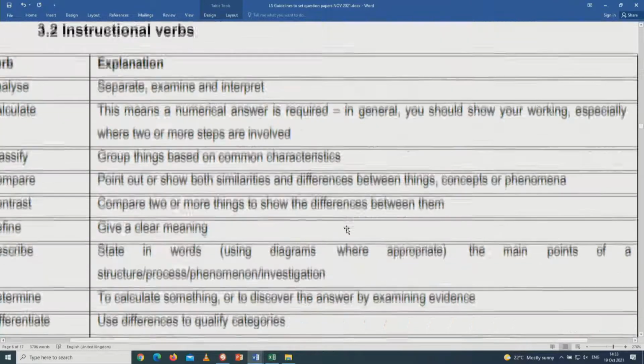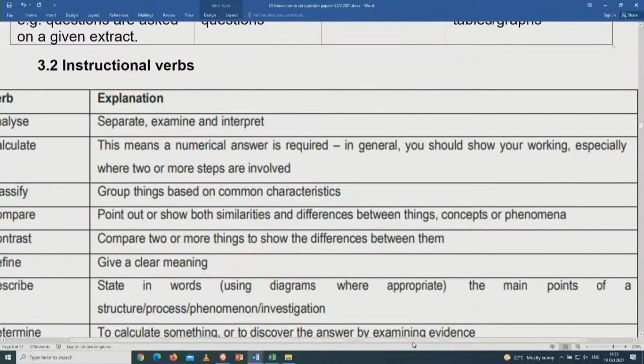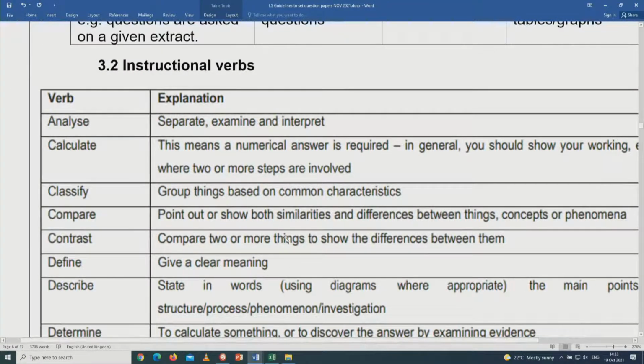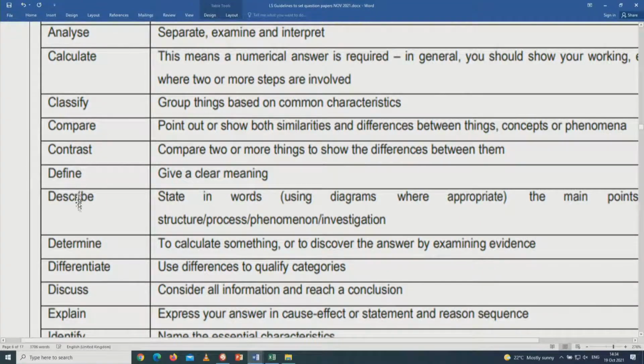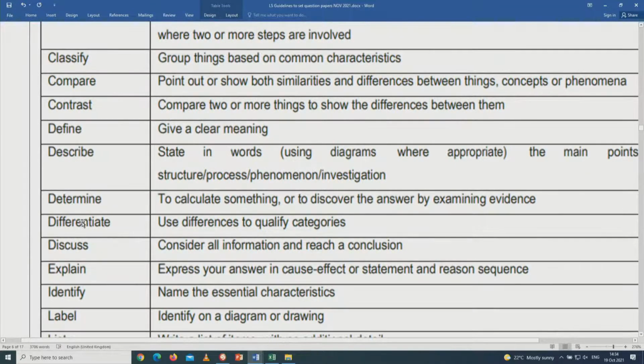Then instructional verbs. How to start your question. I'm not going to explain it. We did it in the training. There are a few verbs that you can use. Now, again, keep it learner-friendly. Keep it user-friendly. They are used to calculate, maybe compare, definitely define, describe, determine.